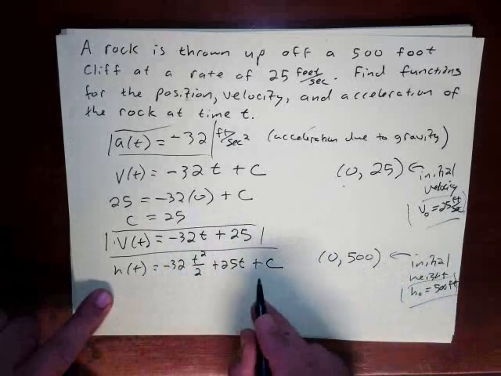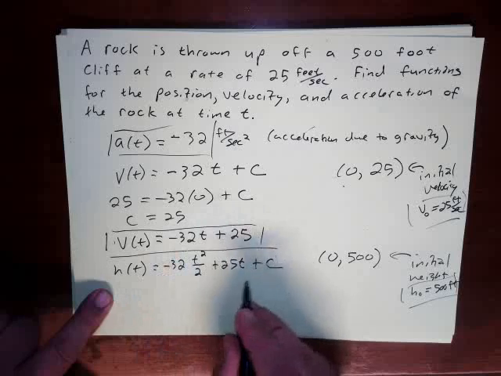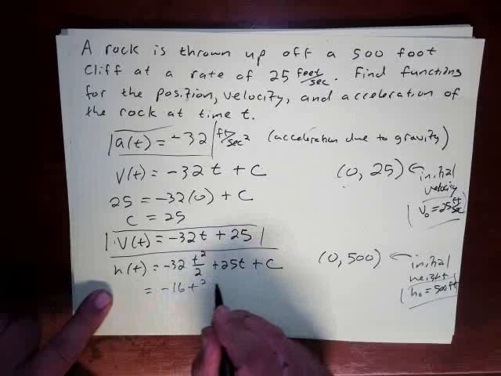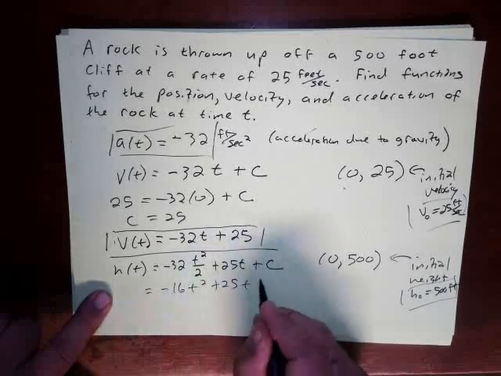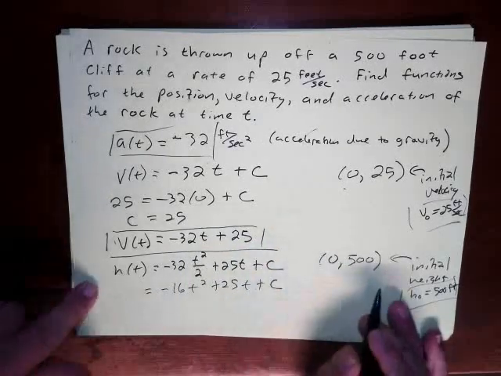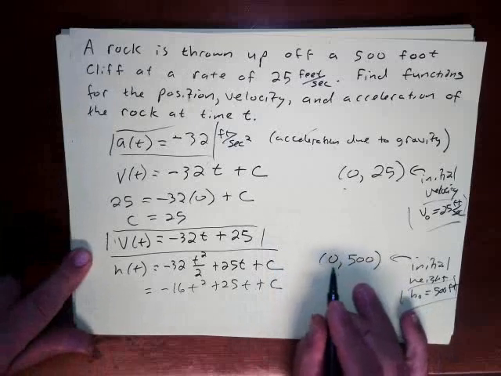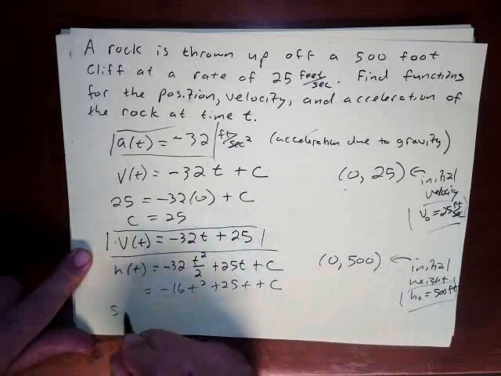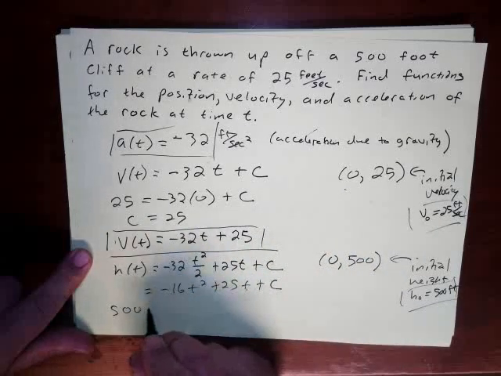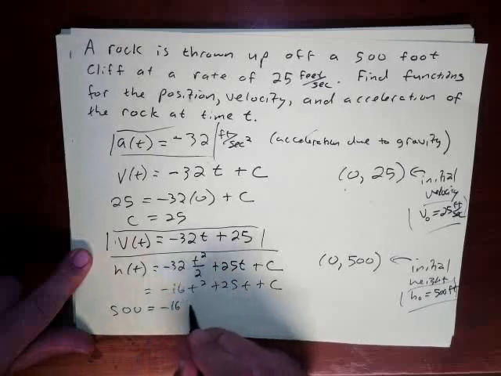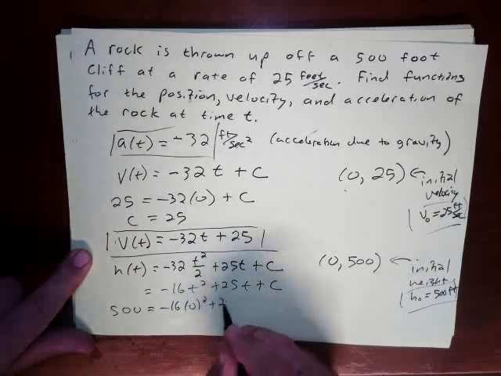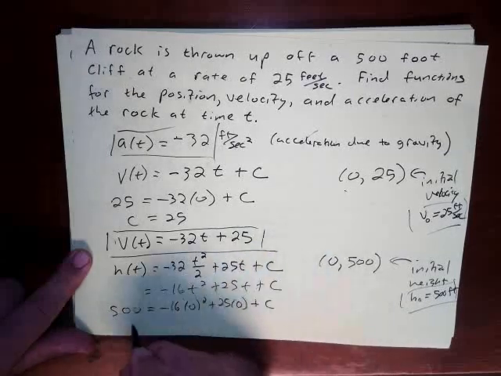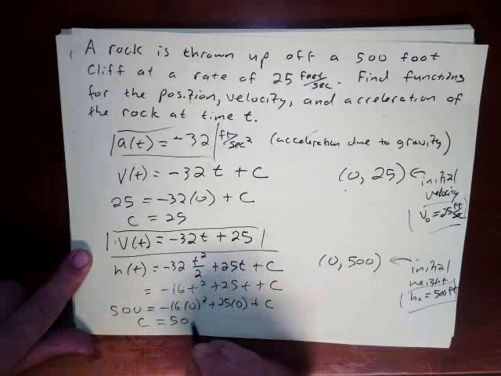I can simplify this as negative 16t squared plus 25t plus c. And then when I put in the initial condition, so I put in 0 for t, I get 500 for my height. So we got 0 squared plus 25 times 0 plus c. And then here we can see that my c is equal to 500.